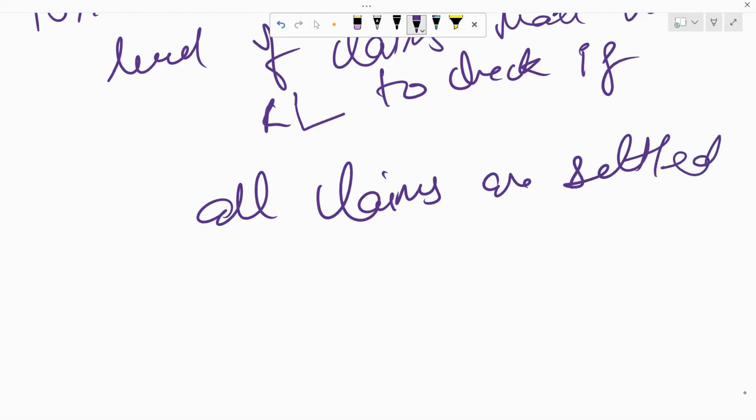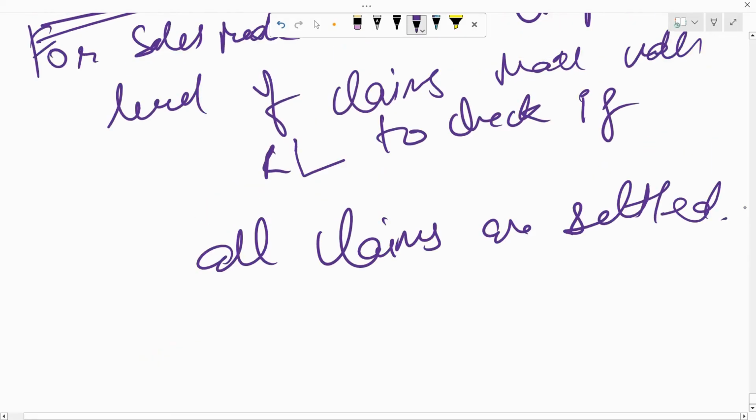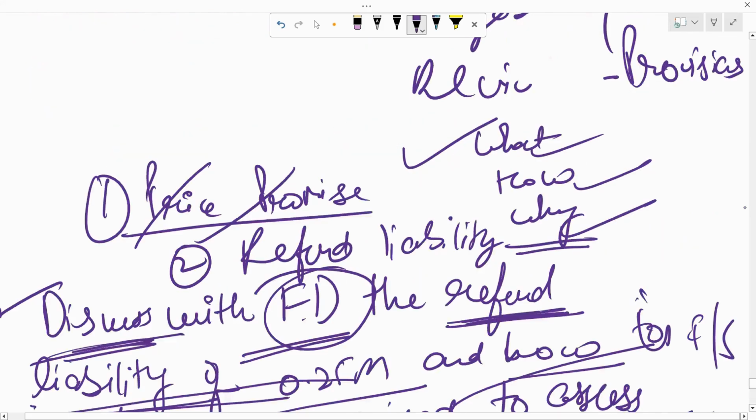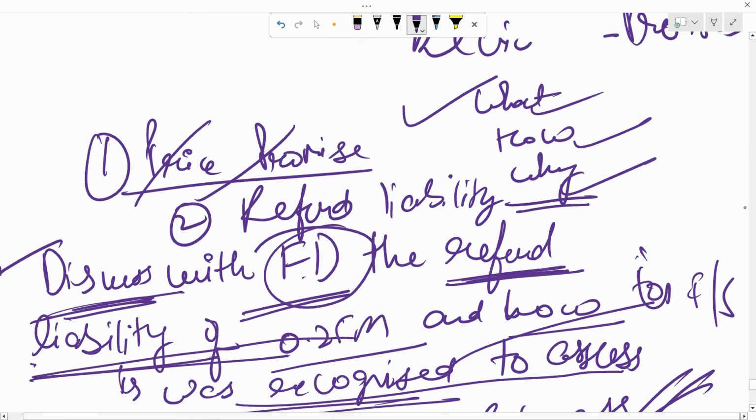Basic, simple. You don't have to go very hi-fi with your language as well. So these are two examples which I gave for your relation to the case scenario.